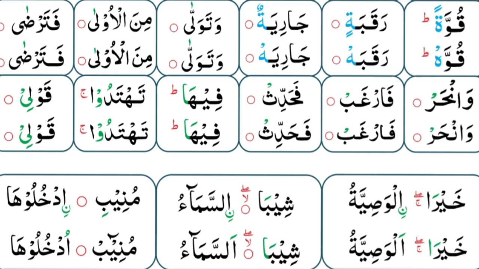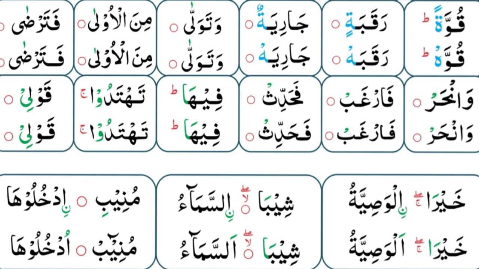In the same way, look at the fourth box in the same line, I mean line 2. The last letter of this word is alif madda. So alif madda will remain as it is even in case of waqf. Like fiha, in case of waqf, fiha. Similarly, look at the next box.